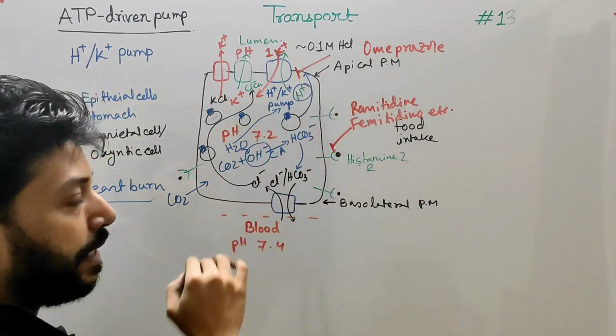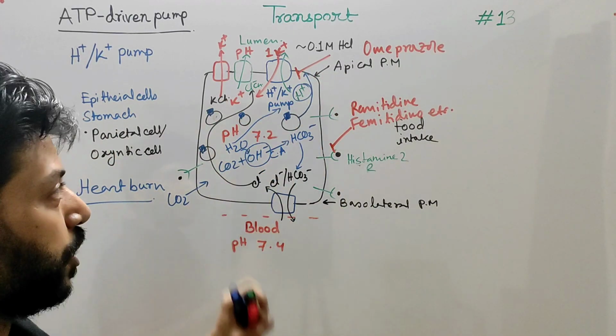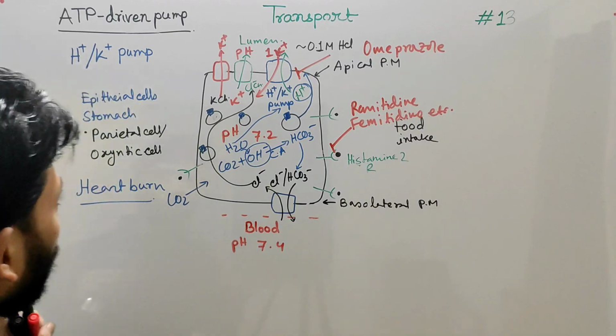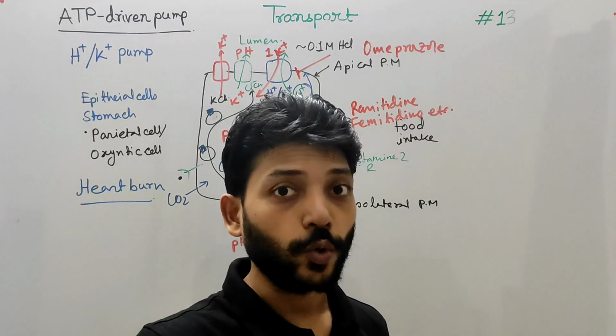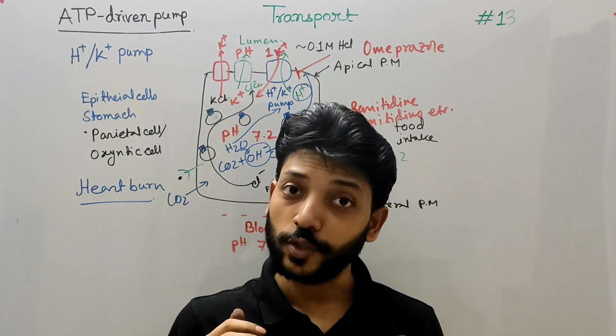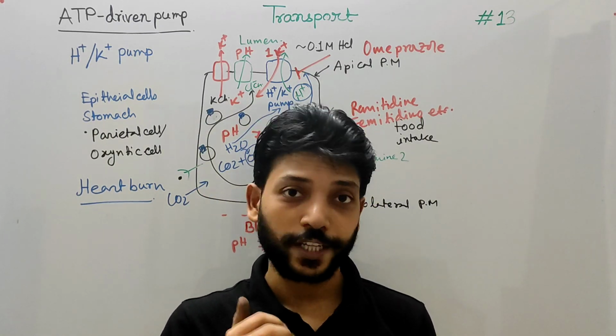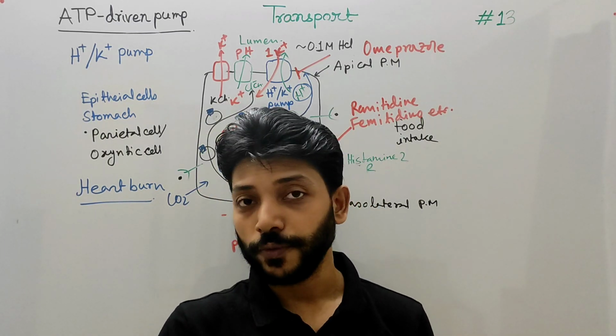But omeprazole directly inhibits the hydrogen potassium pump. So I think we have understood how the hydrogen potassium pump generates the lower pH in the stomach, and this lower pH is important for digestion and killing of pathogens.